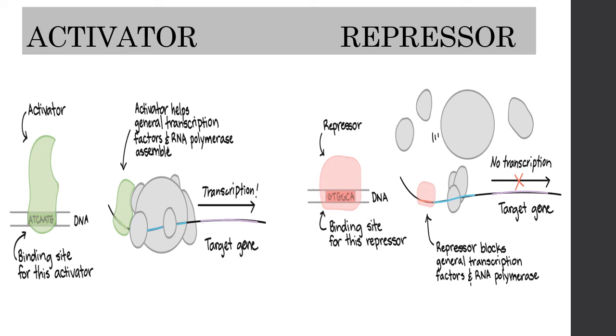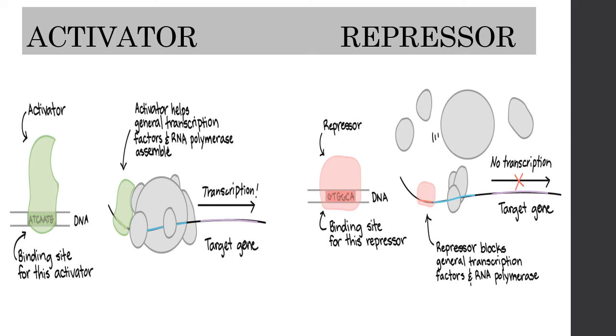And a repressor, what happens? Other transcription factors repress the transcription. This repression can work in a variety of ways. As one example, a repressor may get in the way of the basal transcription factors or RNA polymerase, so they can't bind to the promoter or begin transcription.